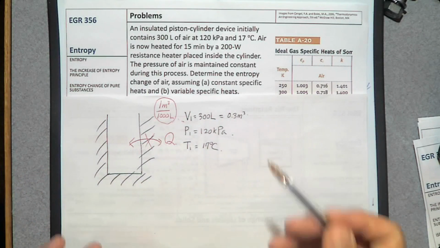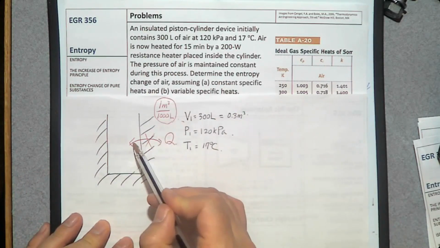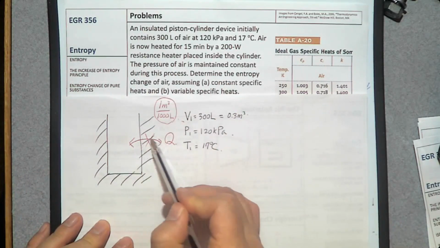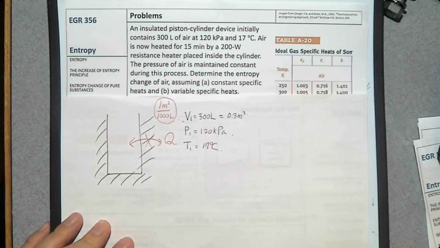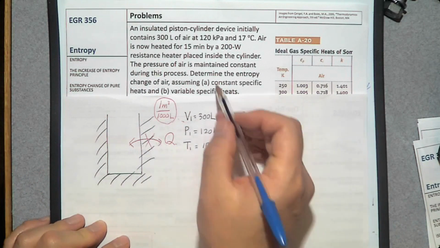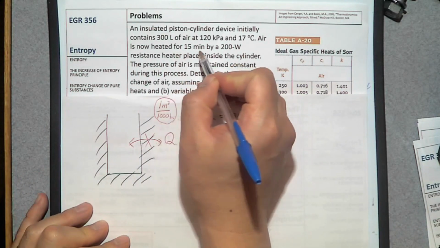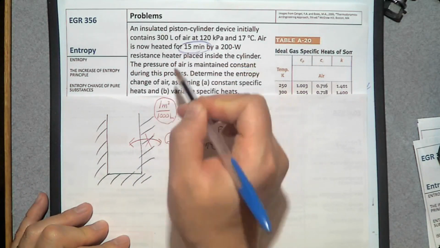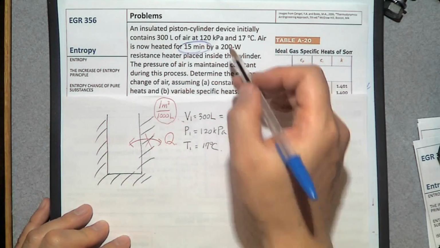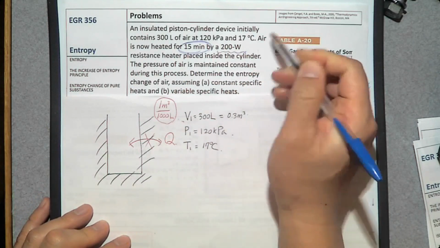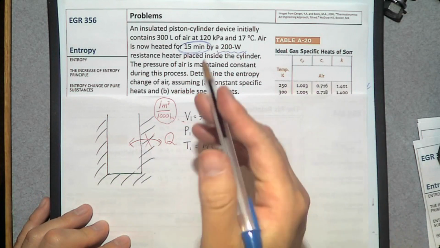So this heating process is different from the heat transfer across this boundary. It could be electric heaters embedded inside the cylinder. So that is turned on for 15 minutes and it has a rating of 200 watts.